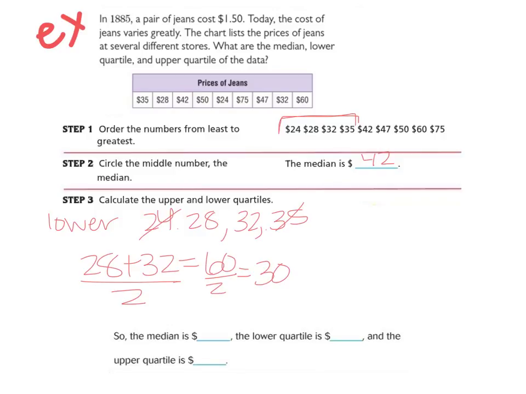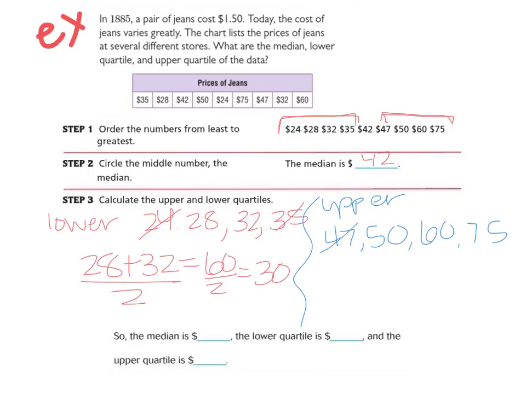And then my upper quartile is, I'm going to switch to blue so we can see the difference. Here's the upper. I've got 47, 50, 60, and 75. Cross one off, cross one off. Okay, we've got 50 and 60. So I could say to myself, what's halfway between 50 and 60? It's 55.